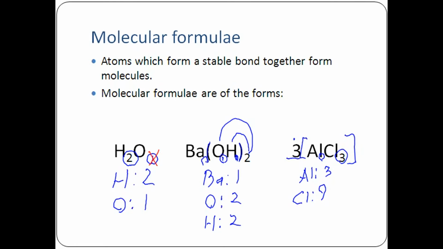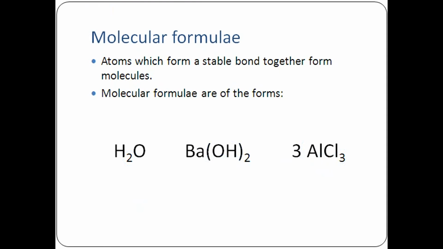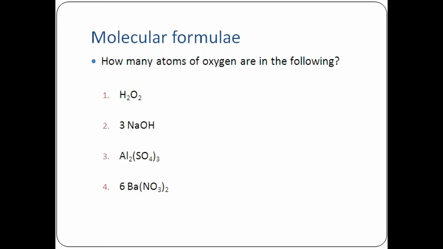So let's do some example work, get an idea of how to set this up. This one asks how many atoms of oxygen are in each of the following. For our first one right here, we say, alright, let's take a look. Is there a subscript directly after the O? The answer is yes, it's right there, that 2. There is no number out front, so that means it's a 1.